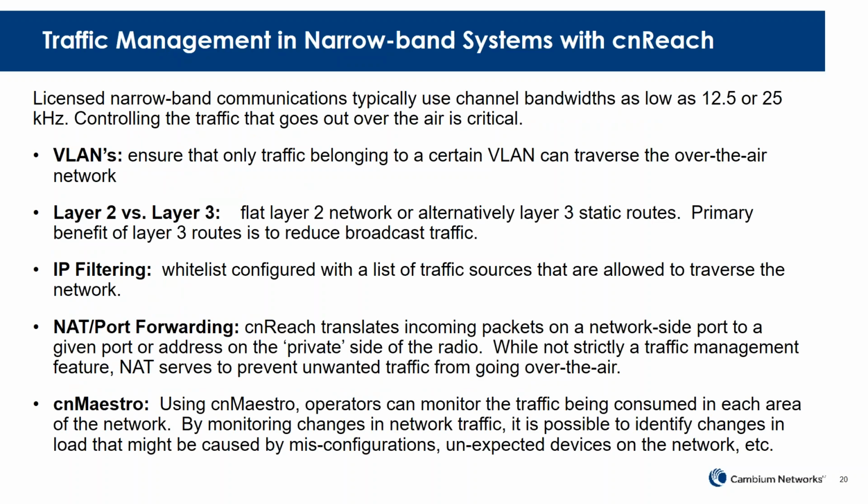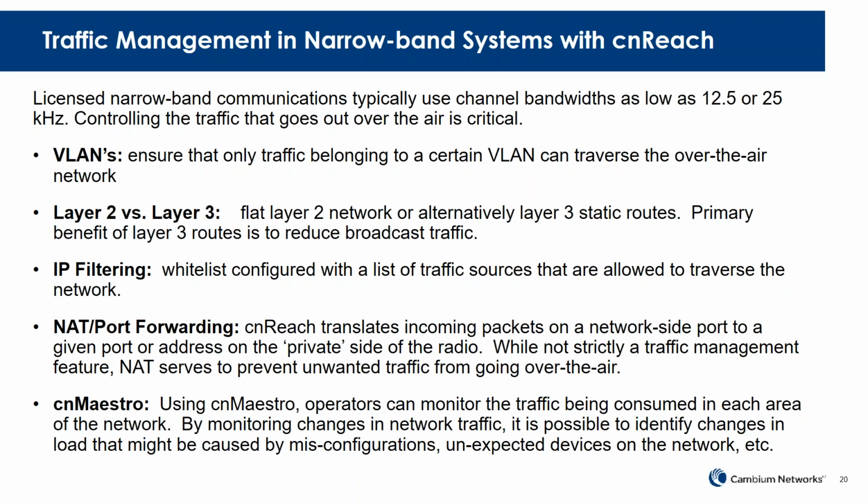So traffic management is important in narrowband systems. I mentioned that 220 megahertz and 450 megahertz products, for that matter, MAS products, only have, say, 20 to 80 kilobits per second of usable throughput.